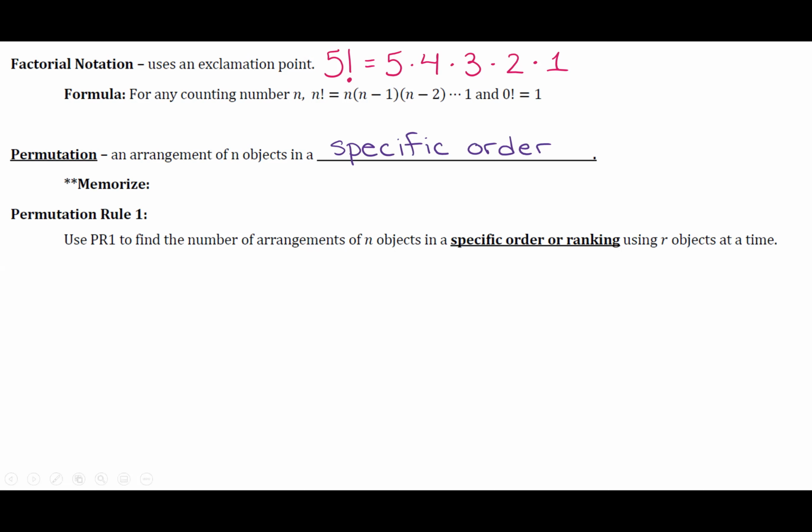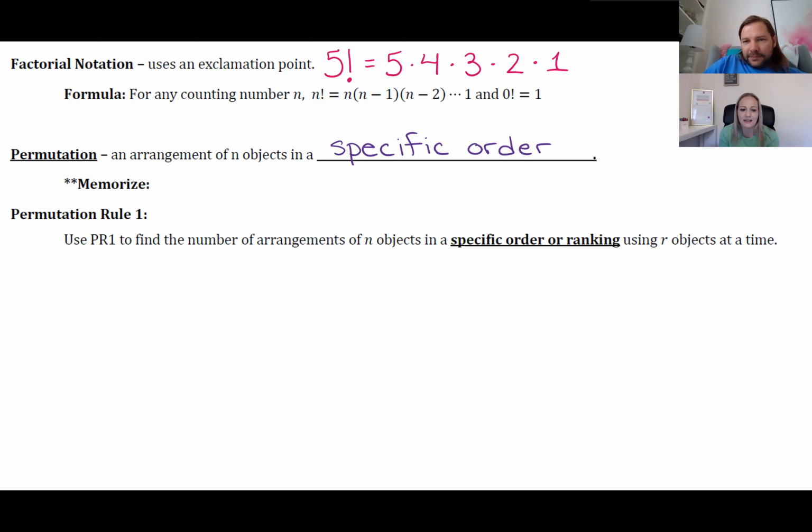Okay, so our first main rule that we're going to look at today is the permutation rule, and this is going to be an arrangement of n objects in a specific order. So the key phrase to memorize is that a permutation is where order matters.